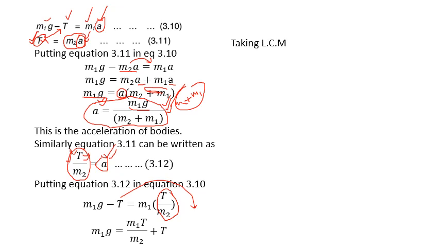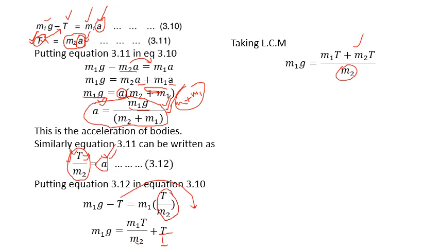Now taking the LCM, let's say this is over here, this is 1. The LCM of m2 and 1 will come out to be m2. So it will become m1m2g equals m1T plus m2T. You can take the LCM and it will come out to be this one.